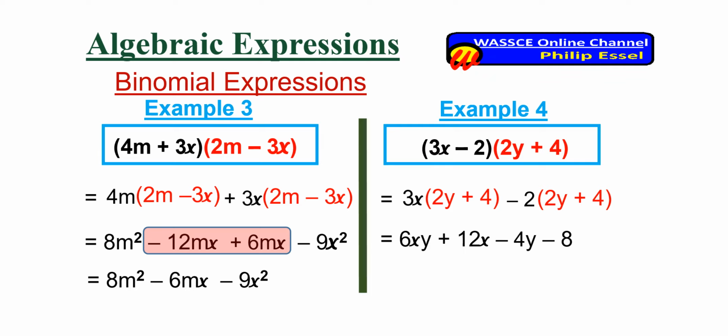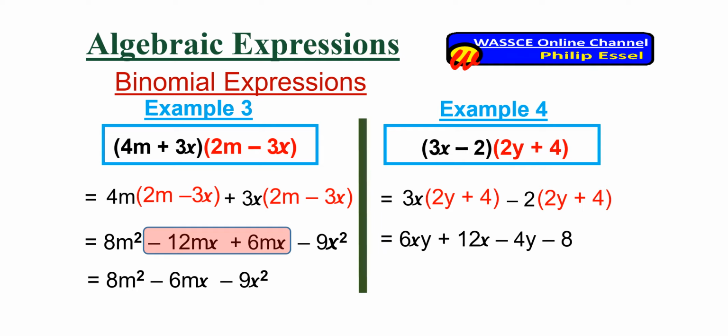When 3x multiplies 2y, you would get 6xy. When 3x multiplies 4, you would get 12x. Then here, when negative 2 multiplies 2y, you get negative 4y.